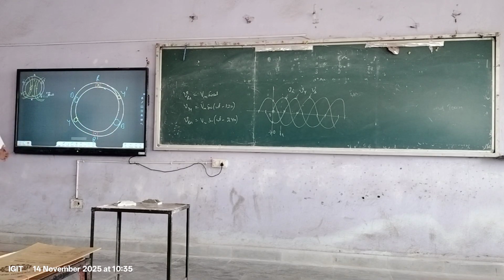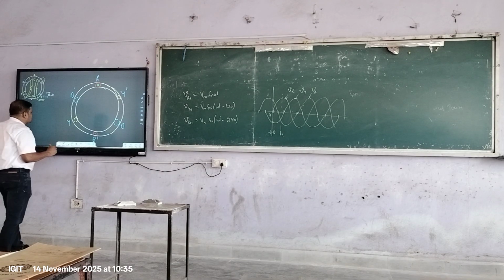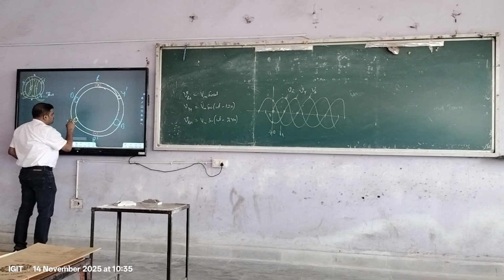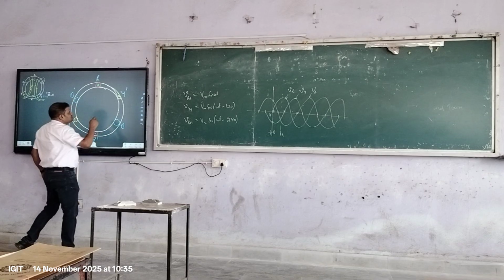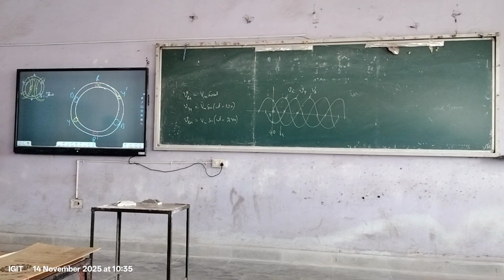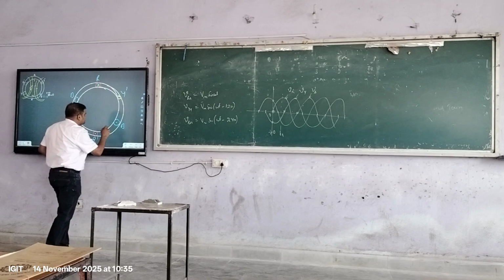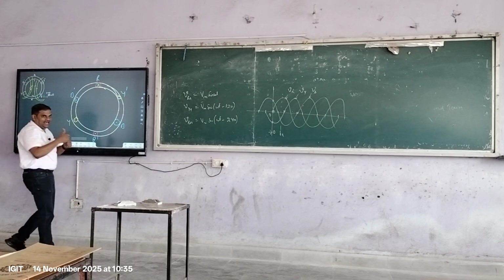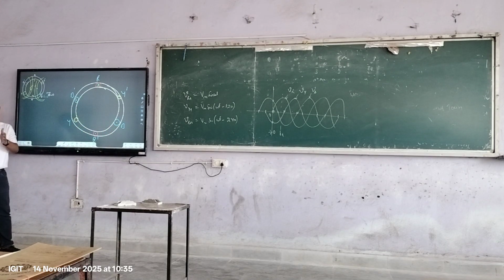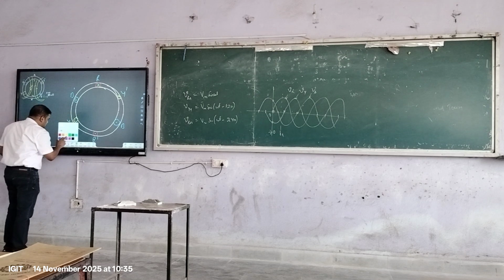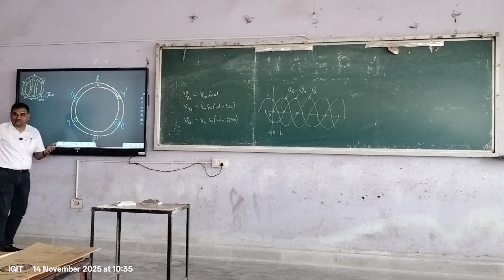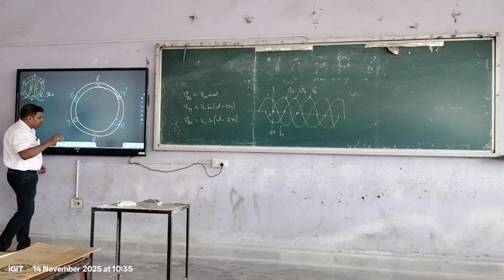What is about Y? Negative. Y is negative. Where is Y? Y is negative means first is small dot and small cross. What is B? Negative. B is negative means first is small dot, then cross. Agreed? Now in this position, if I will draw the lines of force, this flux, how it will be?